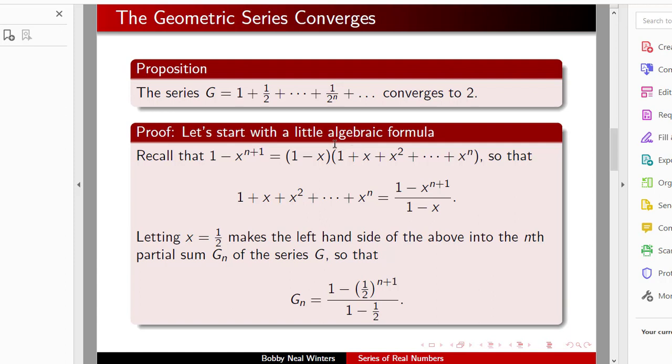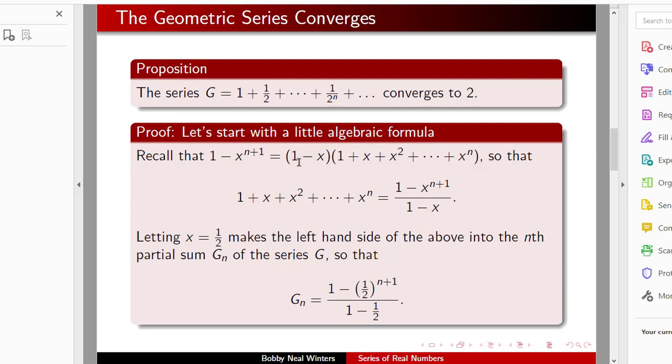Let's start off with a little algebraic formula. Recall that 1 minus x to the n plus 1 is equal to 1 minus x times 1 plus x plus x squared up through x to the n. If you don't believe me, you can just carry out the multiplication. It works.